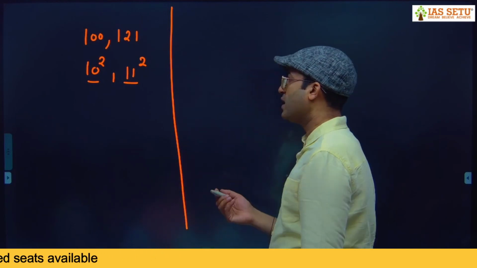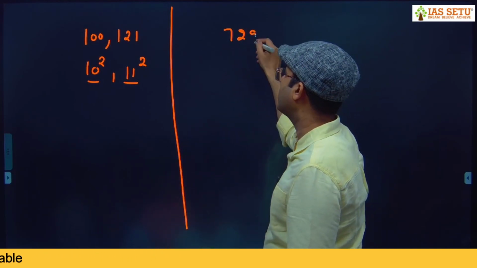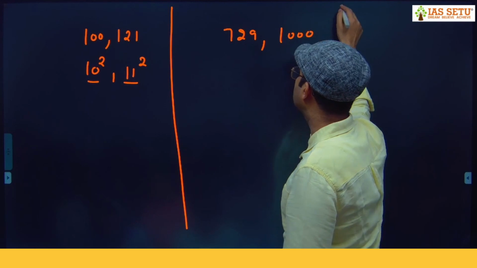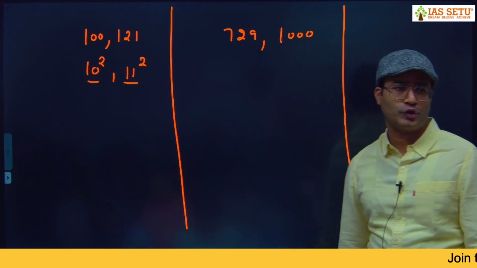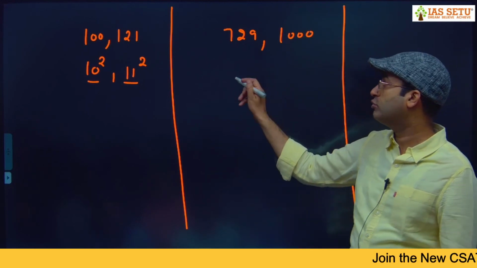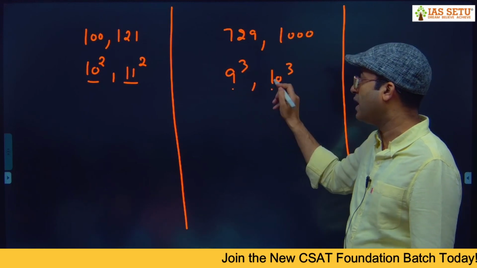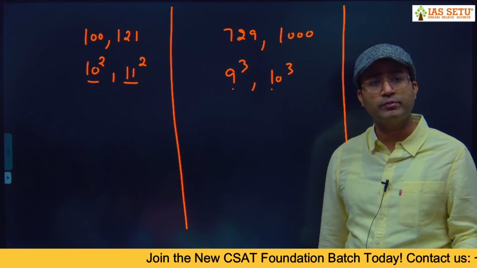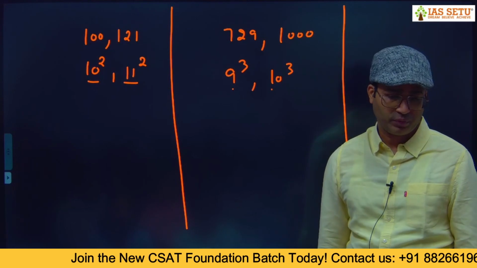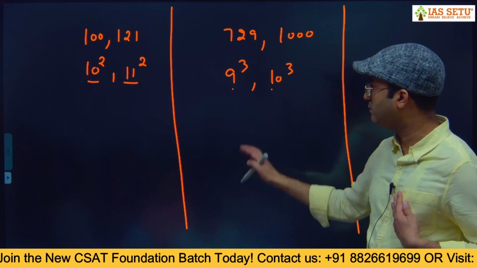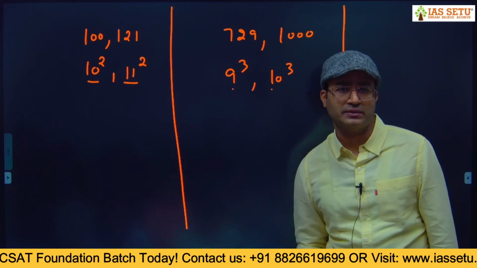Okay. If I ask whether 729 and 1000 are co-prime, yes or no? Yes. How come? What is 729? 9 cube. What is 1000? 10 cube. If 9 and 10 are co-prime, then 9 cube and 10 cube have to be co-prime. So you can save your time for some values if you can directly see.